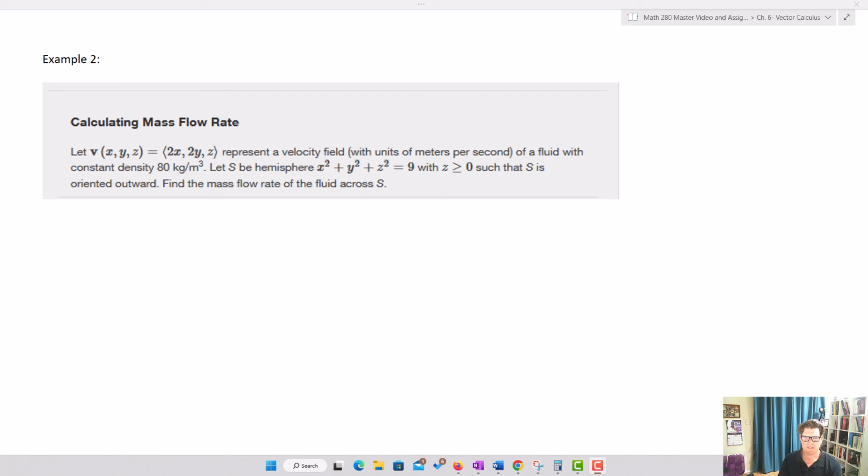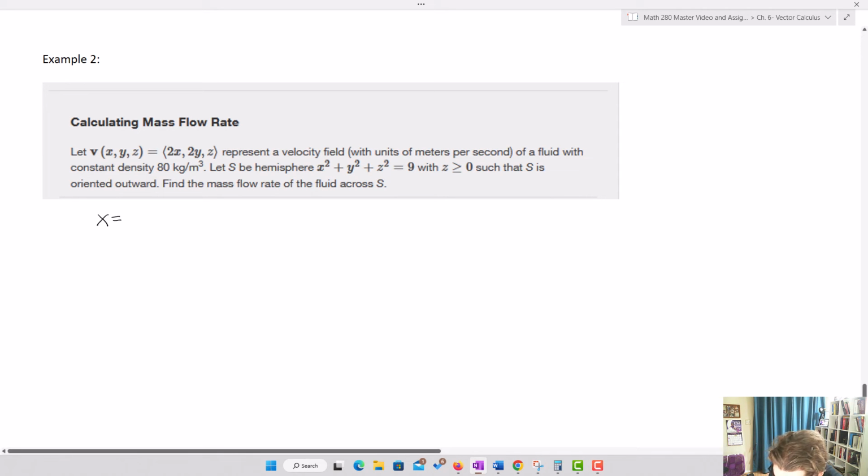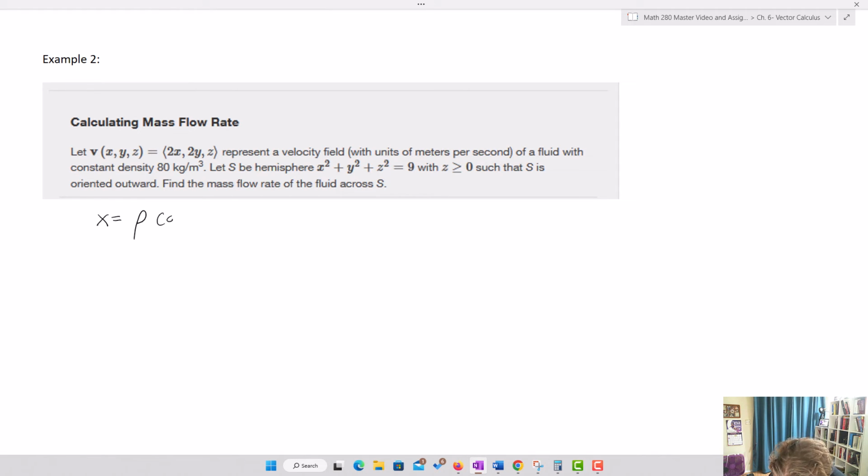Now, we're looking at a hemisphere x squared plus y squared plus z squared equals 9. So for my parameterization, I'm going to want to make sure that I use spherical. Remember that spherical has x equals rho cosine theta sine phi, y equals rho sine theta sine phi, and z equals rho cosine phi.